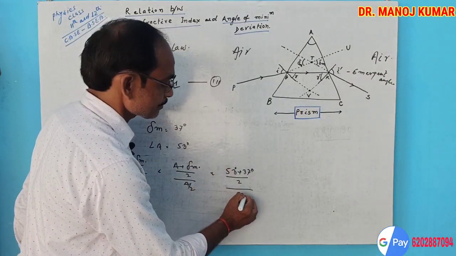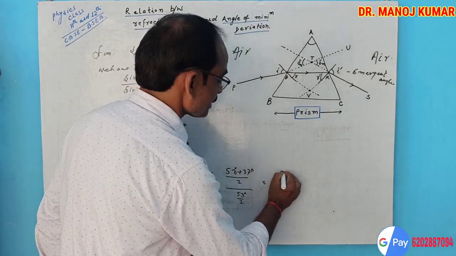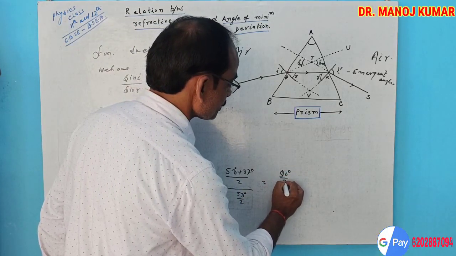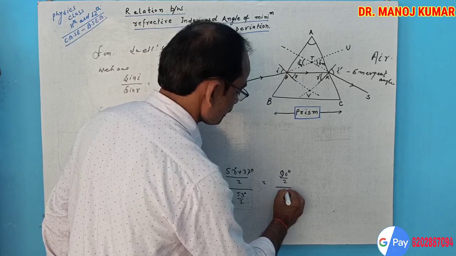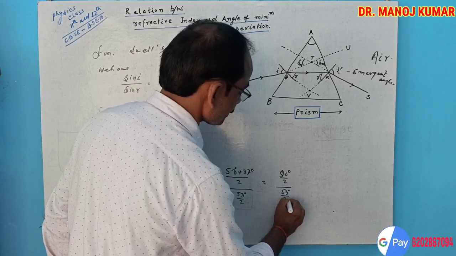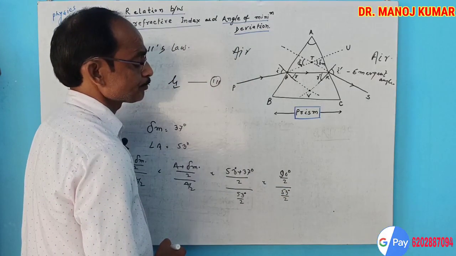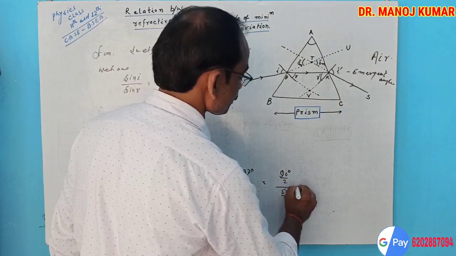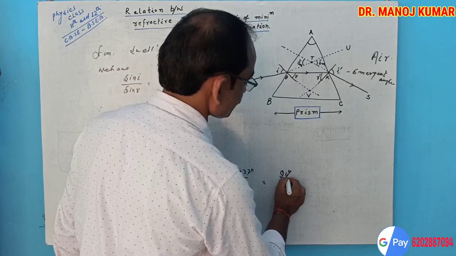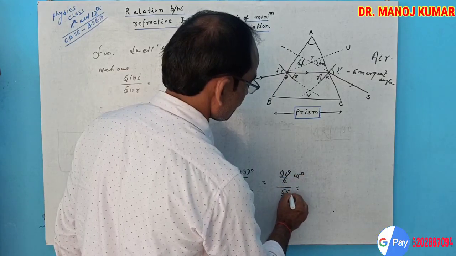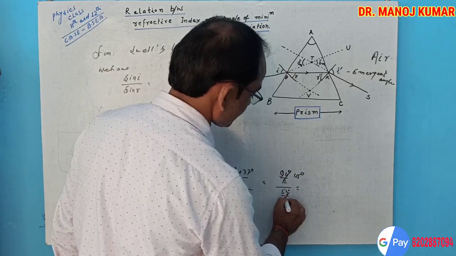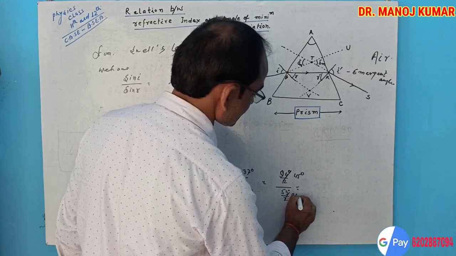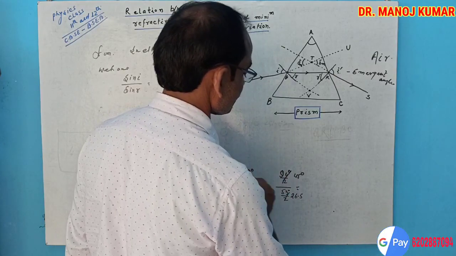That means 90 degree upon 2 upon 53 degree upon 2, that is 45 degree upon 26.5.